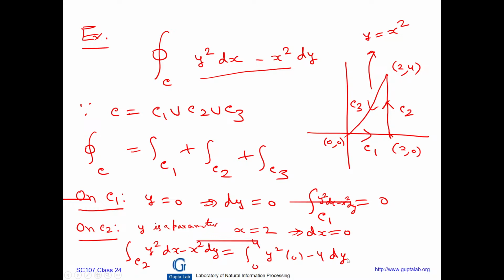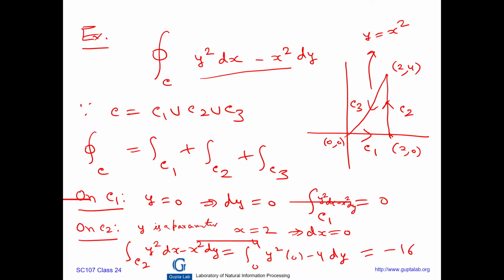Do you agree? Why is this from 0 to 4? Because y is changing from 0 to 4, right? Since x is equal to 2, dx is equal to 0, so this is 0, right? So this 4 goes off and you are left with, overall, minus 16.